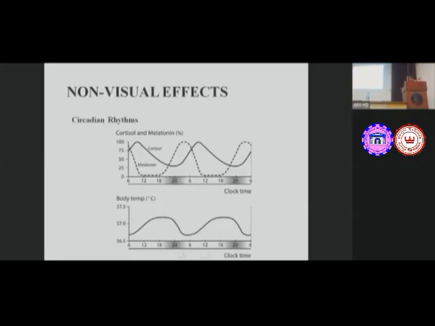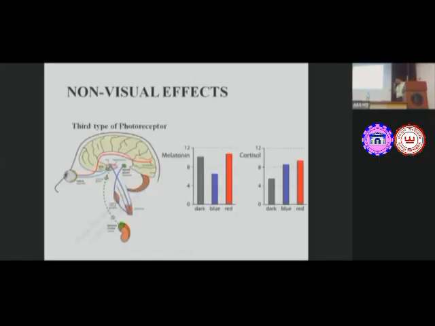The body temperature also follows this, depending on light. Almost 20 years back, it was discovered that not only the rod cell and cone cell I told you about, but there is a third receptor in our eye, called the ganglion cell. Its full name is intrinsically photoresponsive retinal ganglion cell, or ipRGC, but normally it is called the ganglion cell.